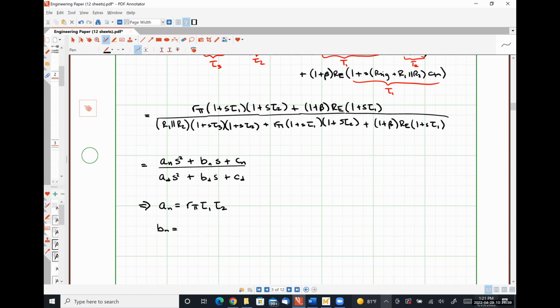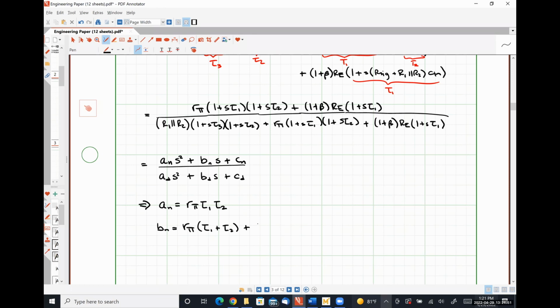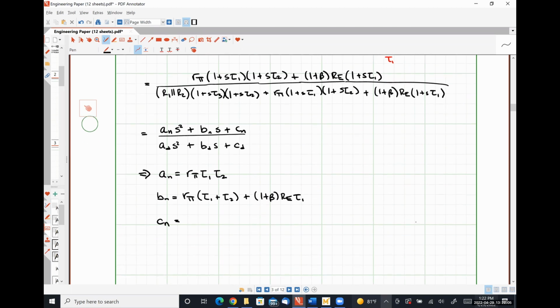BN was R pi times tau 1 plus tau 2, plus 1 plus beta RE tau 1. And CN was R pi plus 1 plus beta RE.